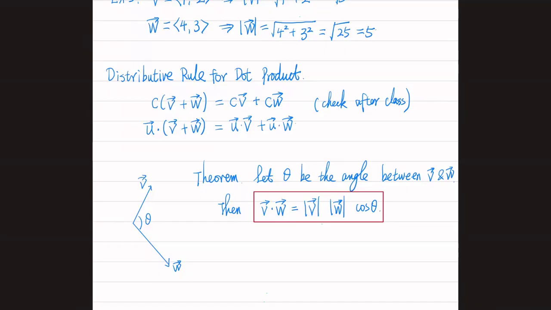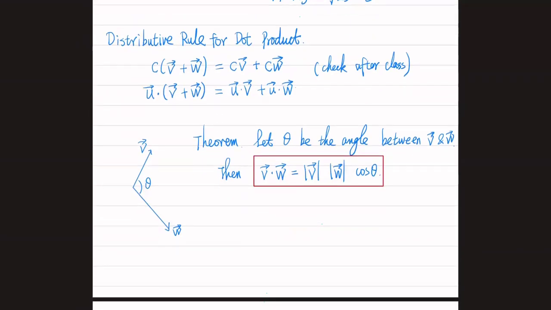Now we have two applications. If we know the coordinates, we can find the dot product and the norm, then we can find the cosine. So we get some knowledge about the angle. Another way, if we know the angle and the norm, then we can compute the dot product.